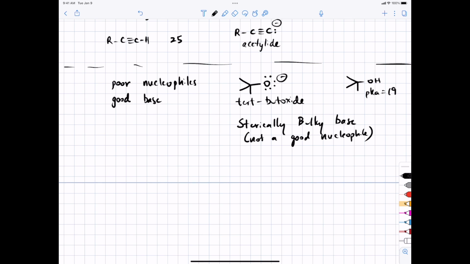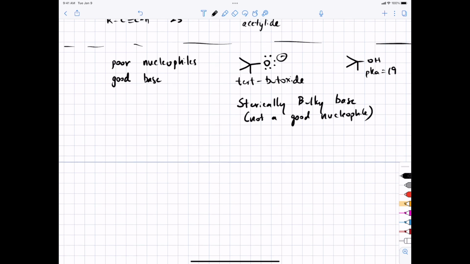Your text author is a synthetic organic chemist, and so they will tell you about DBN and DBU, which are also sterically bulky bases. I'm not going to draw them, and if you wanted to know their structures, you could look them up. In any case, you're not going to be drawing memorized structures on my exams. But if you see these in practice problems, they're just sterically bulky bases, all right?